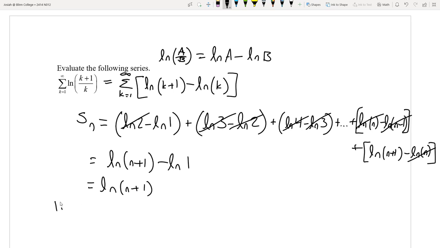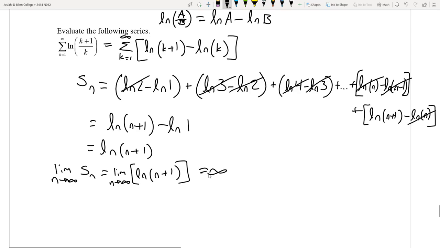So we go ahead and take the limit as n tends to infinity of our partial sums. This should be equal to our series here. And when we do that, we end up with the limit as n tends to infinity of the natural log of n plus 1. This guy goes to infinity, which means that our partial sums do not converge, right?